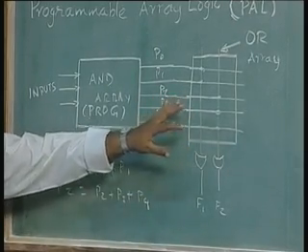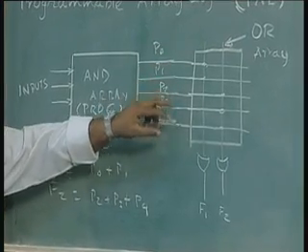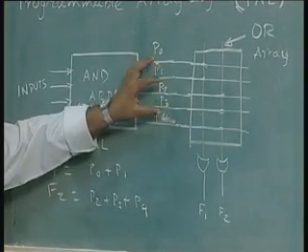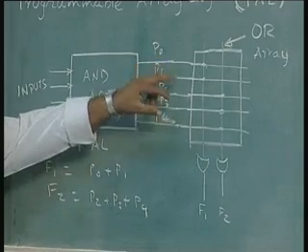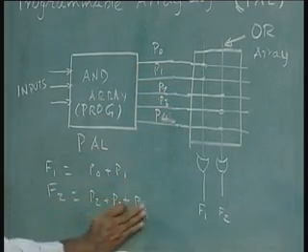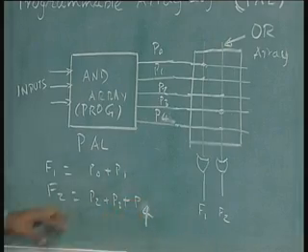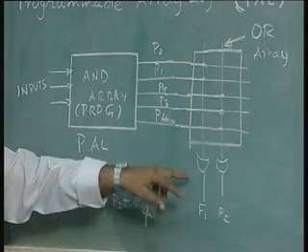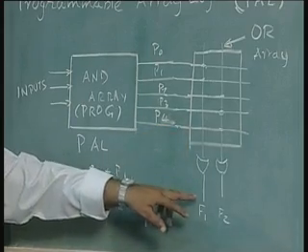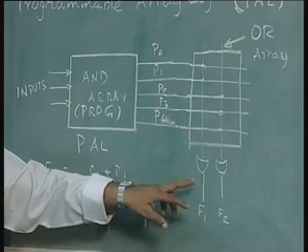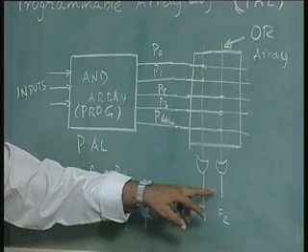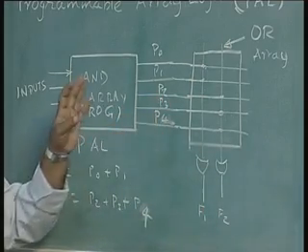Now, we have removed a certain amount of flexibility from the OR array. Earlier the OR array was programmable, any combination, any number of the product terms that are generated could become inputs to the OR gates. In this case though, the number of inputs as well as the product terms that are connected to the OR gate are fixed. In this particular example, F1 can only take P0 and P1 as inputs, F2 can only take P2, P3 and P4 as inputs.